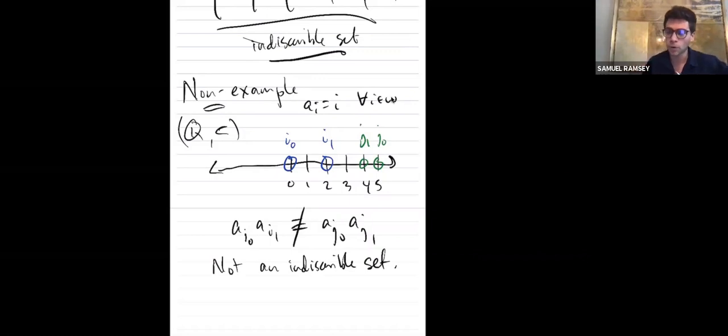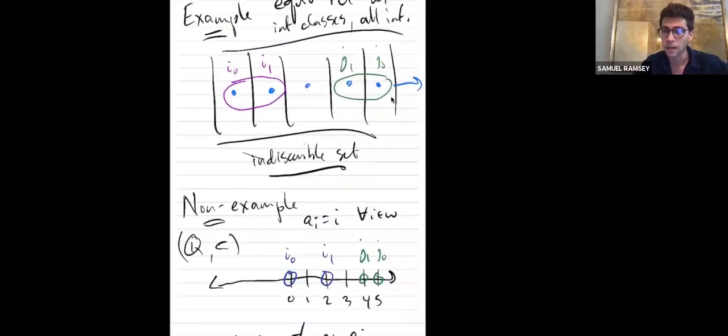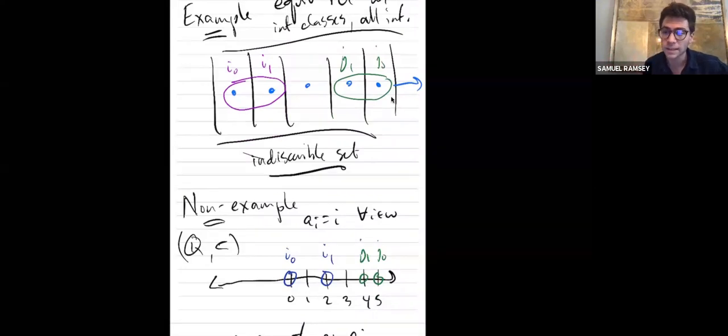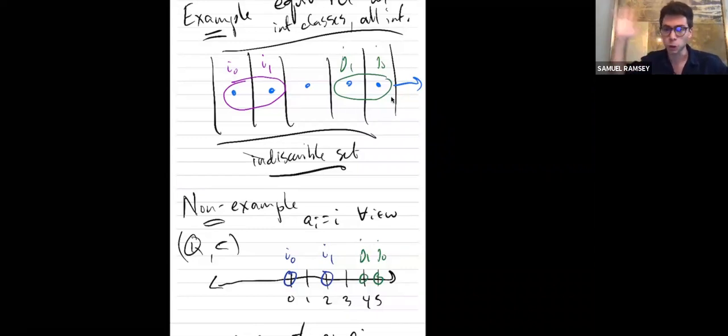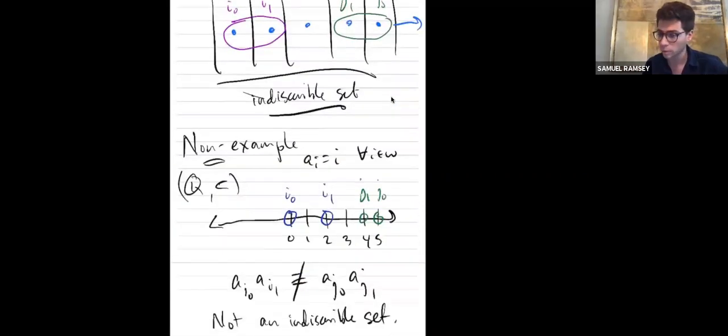So those of you that know some model theory might instantly recognize that there's a kind of fundamental difference in the complexity of these two theories. If you know stability, then you'll recognize that the first example is a stable theory. The theory of an equivalence relation is as stable as it gets. It's omega-stable, Morley rank 2. And then the second example is the canonical example of an unstable theory.